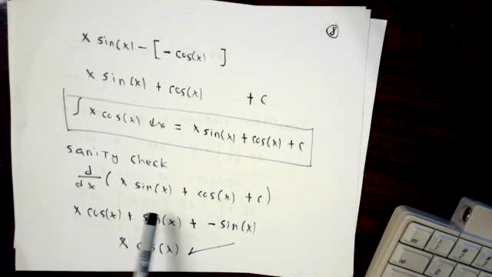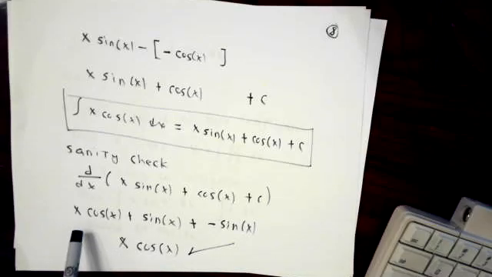Derivative of x sine x plus cosine x plus a constant. The derivative of a constant term is 0, so I'm not even going to write that one down. The derivative of x times sine x, I have to use the product rule on this.